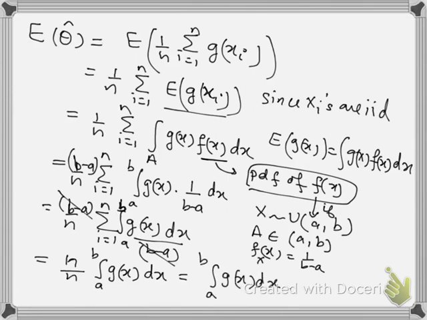So it's just one example of how your expected value of theta hat is actually theta. So in this case theta hat would be unbiased. If your x was coming from uniform A to B, you could show that the expected value of theta hat is theta, which is unbiased.